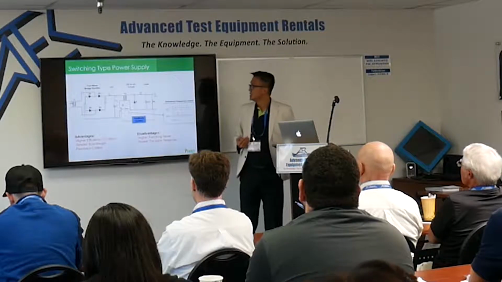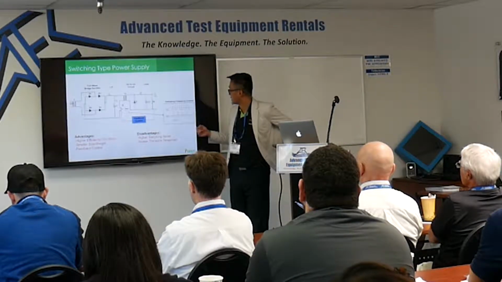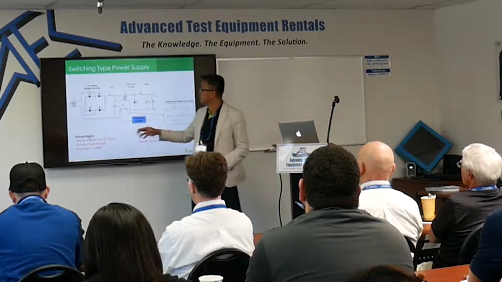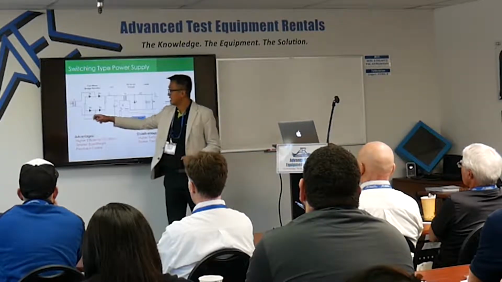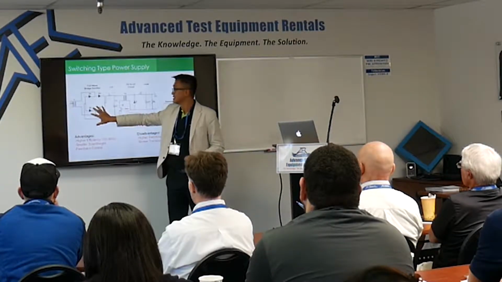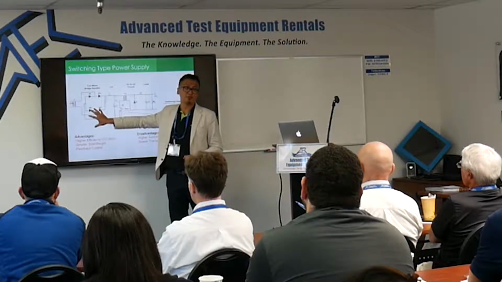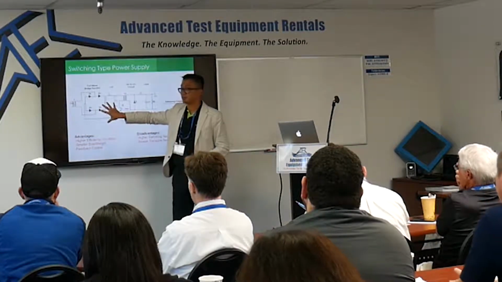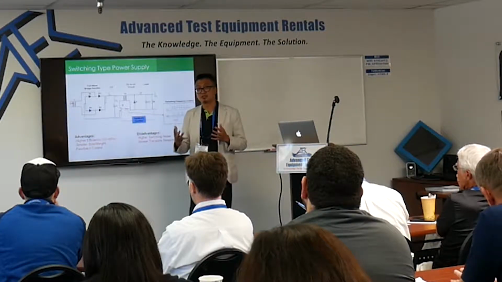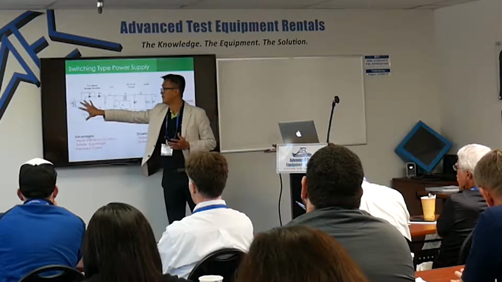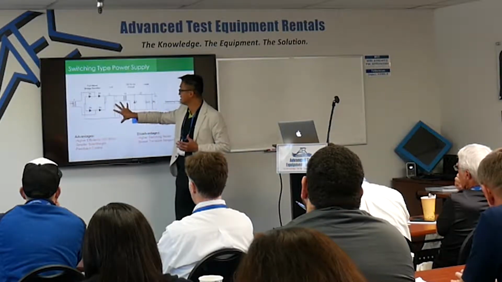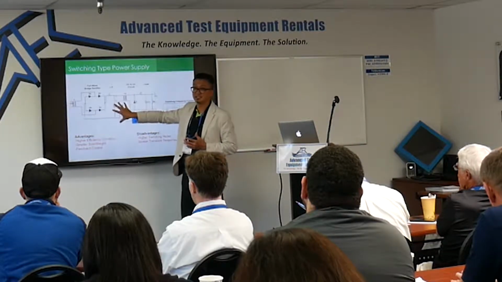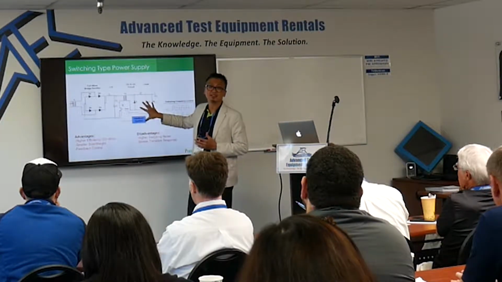Okay. So the other one will be switching type. So for switching type, usually they are rectified in the front end, and we do a double conversion from AC to DC. That's a typical switching type technology. We convert from AC to DC, and convert DC to rebuild an AC again.